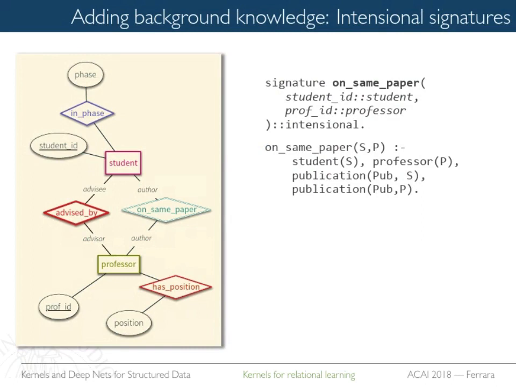Well, why am I writing this? Because I do this job, and so I know very well that normally when you advise a student, you are co-author on some of their papers, right? Normally. Well, of course, it could happen that the student writes a paper by themselves, but it's a bit unusual, right?